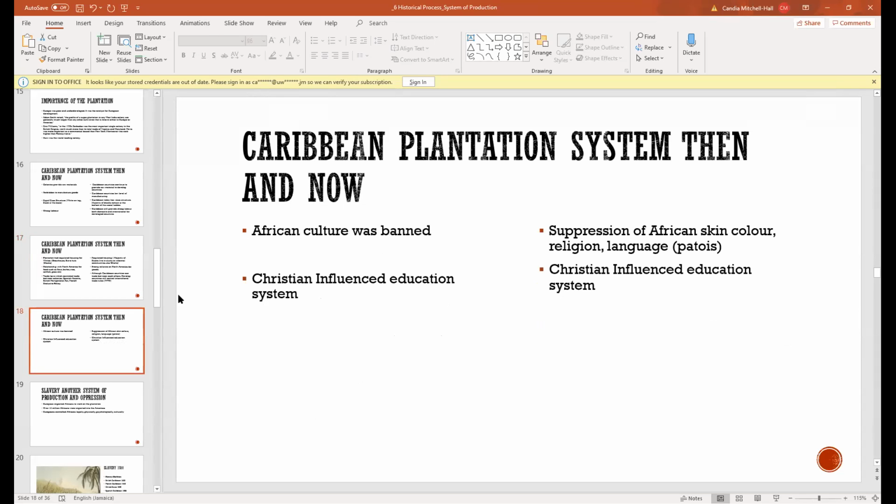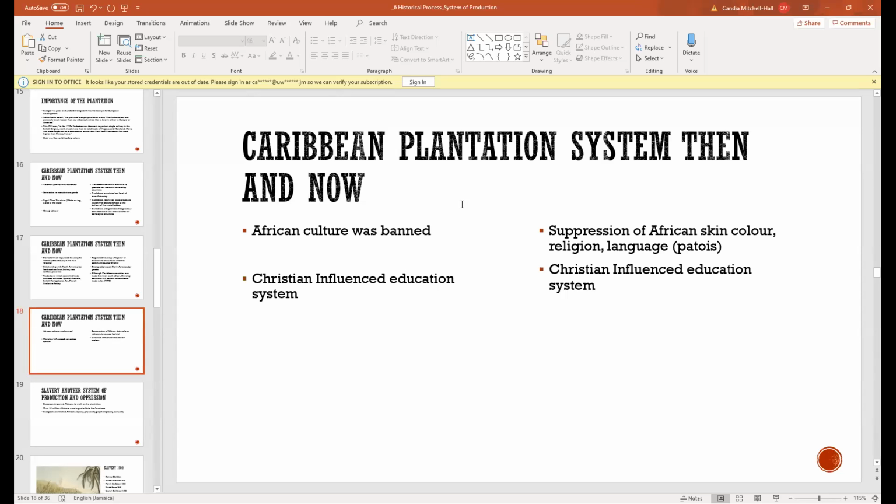African religion and African culture on the plantation were banned. They were not permitted to beat the drum. They were not permitted to use their horn, the abeng, that cow horn. They couldn't use it. The names were changed.